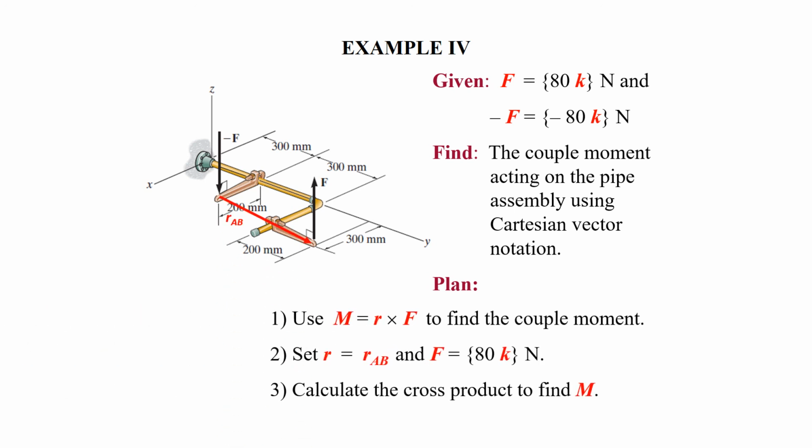Our plan is to calculate the moment, we need r cross F, where r is the position vector from the line of action of one force to the line of action of the other force. And then we'll calculate the cross product to find the moment. The solutions are available in the PDF that accompanies this video, and I encourage you to work on each of the problems on your own for a while before you check your work against the solution.